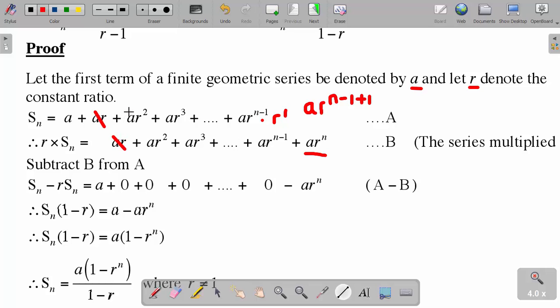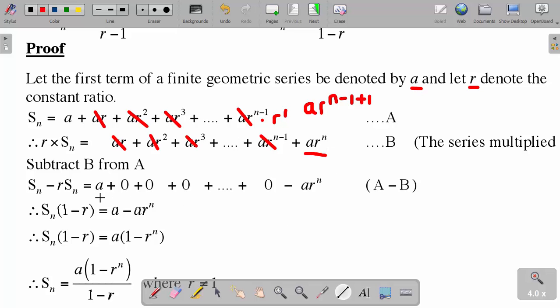Then AR squared will cancel with AR squared here. Then AR cubed is going to cancel with this other one here, and so on. Now the last one here is going to cancel with the previous one, which is this one here. So I'm left with actually A minus AR to the power n.